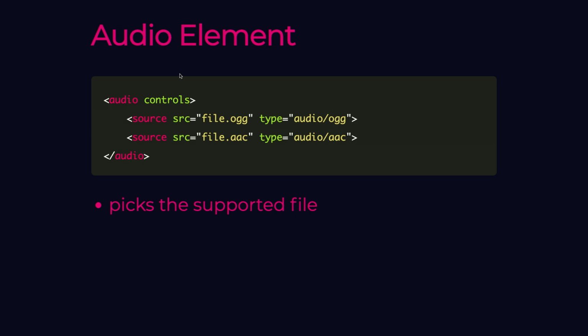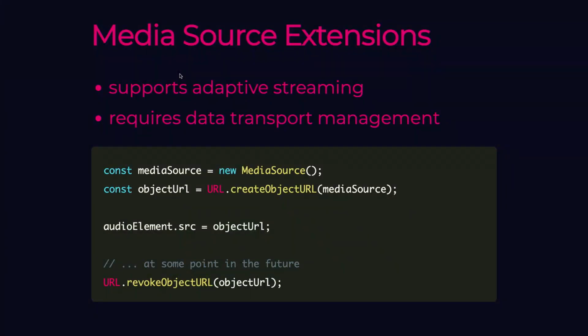And the audio element is, of course, a very basic thing to play audio, and therefore it comes with an extension that's called the media source extension, and that's made for the use case of adaptive streaming. So in case you want to swap out the file while you are streaming it for one with a higher bitrate or for one with a lower bitrate, depending on the network conditions, that's what you use in that case.